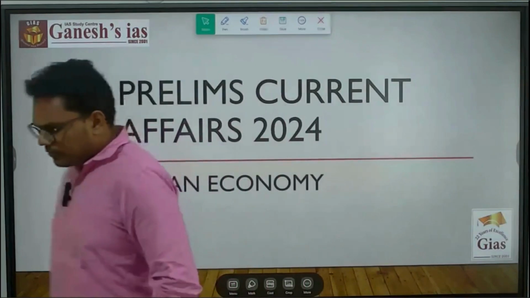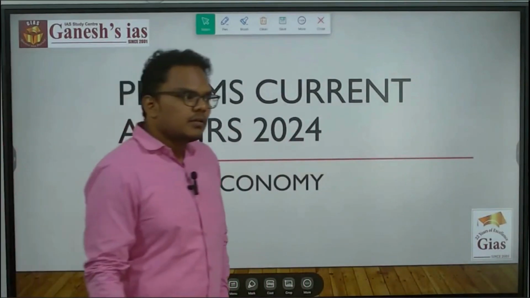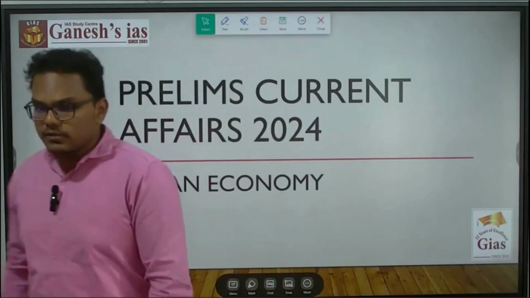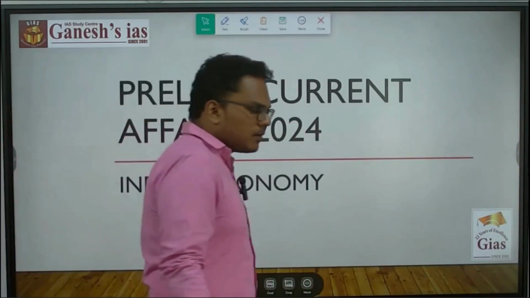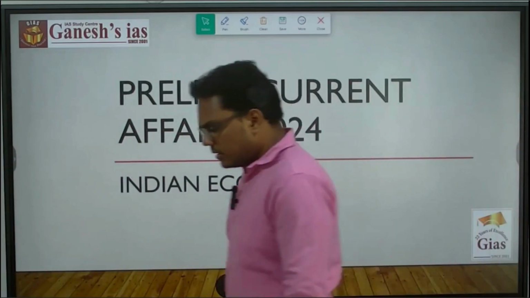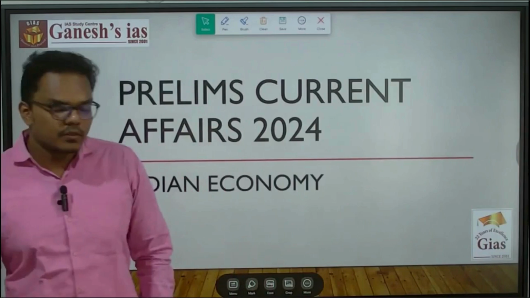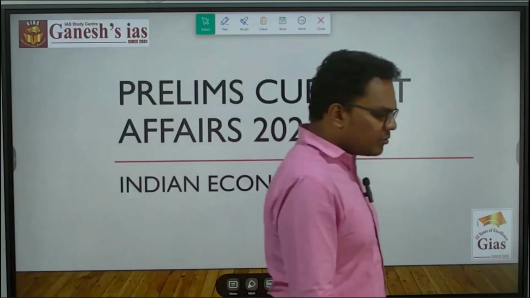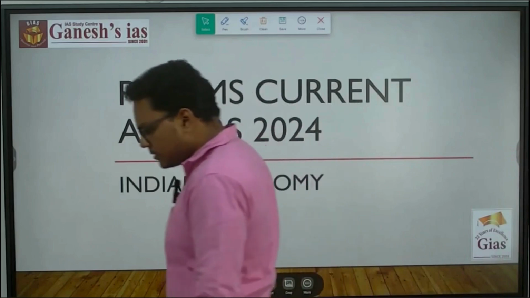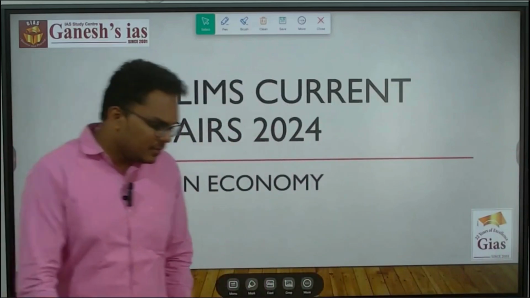As a part of that, we've already done 3 sessions: one on polity and governance, one on environment and geography, and one on science and technology. We'll be dealing with economy today, and we'll have one more session on history, and with that we'll be wrapping up the series.